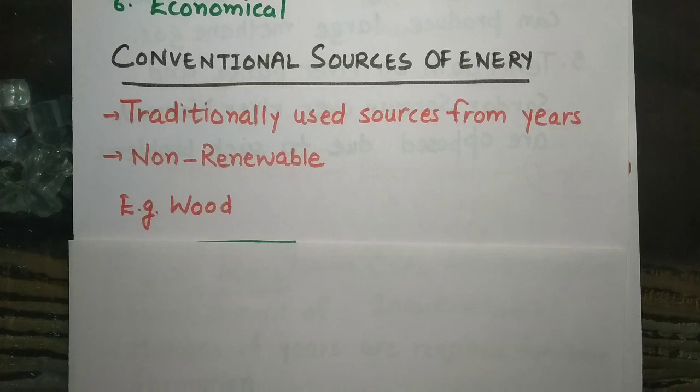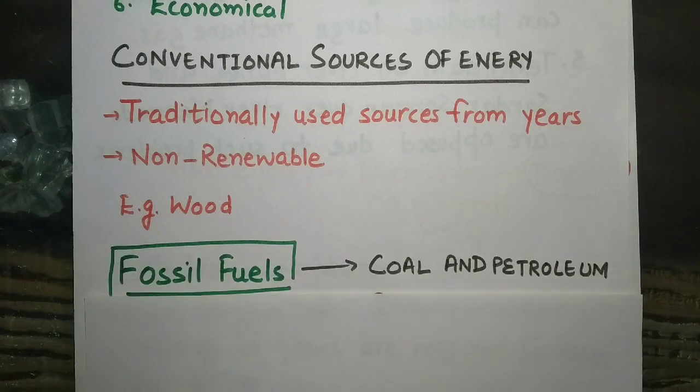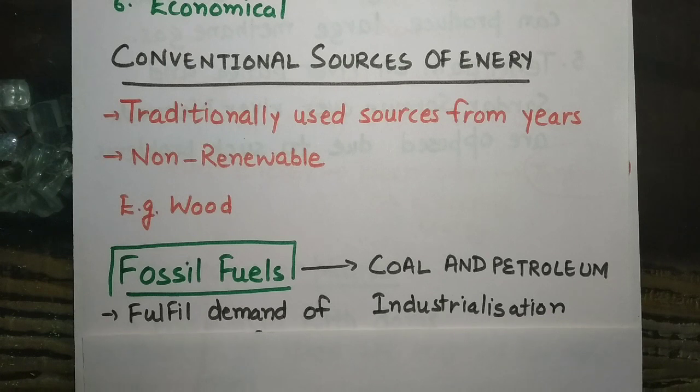For example, wood is a conventional source of energy that we have been using for years. But with the ever-increasing demand of industrialization, we started using coal and petroleum as a source of energy, that is, fossil fuels, to fulfill the demand of industrialization.